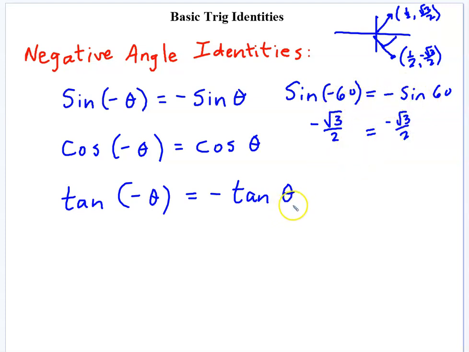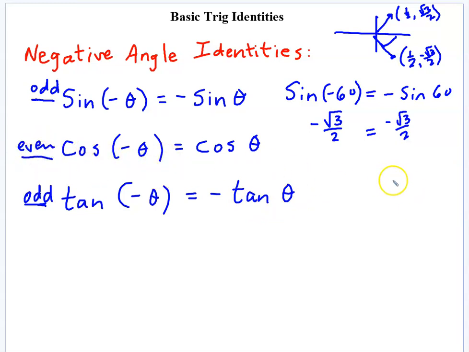And that's also true for tangent. You'll get into this more in pre-calculus, but sine and tangent are called odd functions. If you notice, they act the same way. Tangent of a negative angle is the same thing as the opposite of tangent of the positive. Now for cosine, it's different. It's considered to be even.